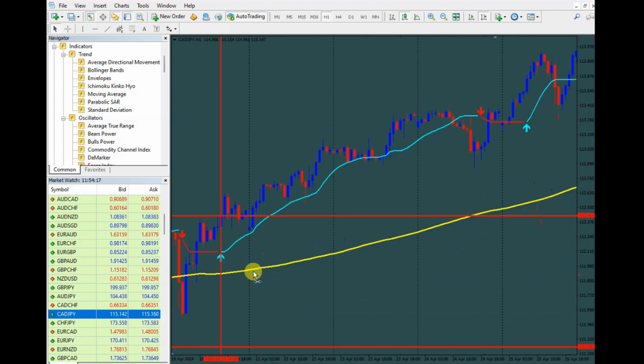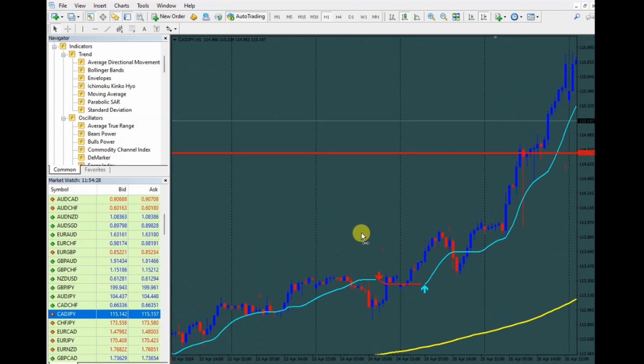Now that we have this strategy which has given us the base rule, we know where we are going to place our stop loss and we know the direction where we are going to place our take profit. So once we open the trade based on our risk management and our loss size, we place our take profit and we allow the trade to play out.